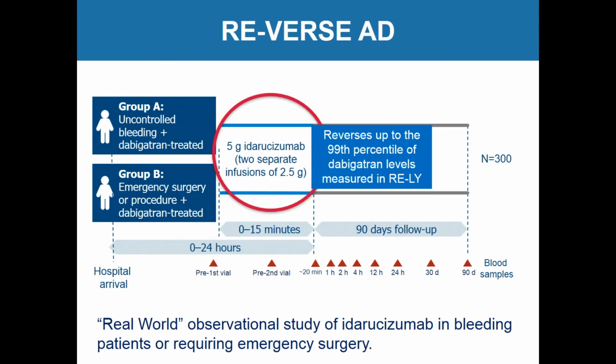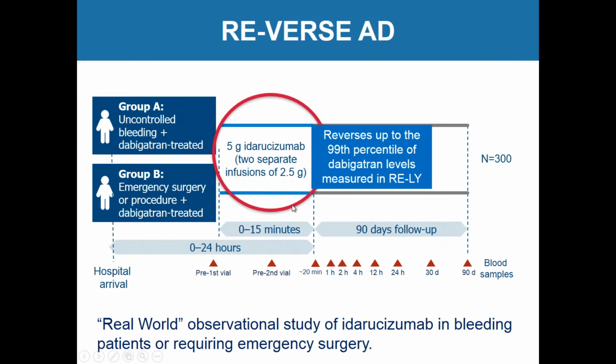REVERSE-AD was the real-world observational study of idarucizumab in bleeding patients or patients requiring emergency surgery, on which the FDA based approval. Group A was uncontrolled bleeding. Group B were those patients who required emergency surgery. They did get a total of 5 grams of idarucizumab infused as 2 back-to-back 2.5-gram boluses.